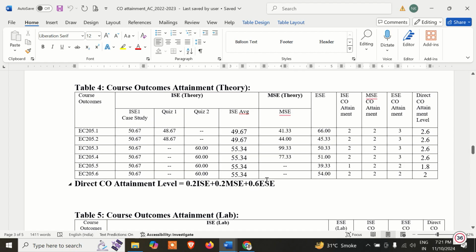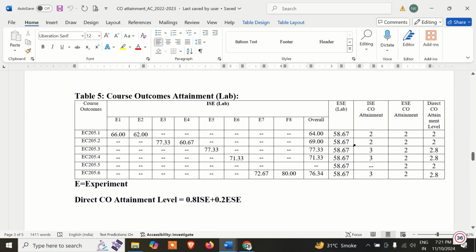If you scale it together, you will know your direct CO attainment, because we are not giving the maximum weightage to ISC or MSC. The maximum weightage is given to ESC because it is conducted by the controller of examination. So that's your final direct CO attainment: the percentage distribution, the amount of weight you give to each component.